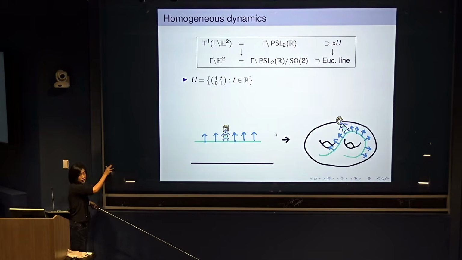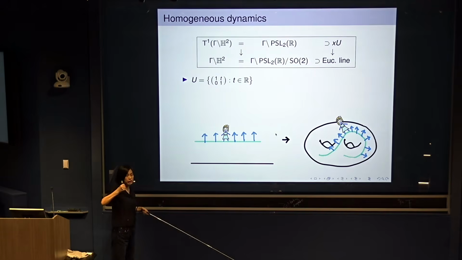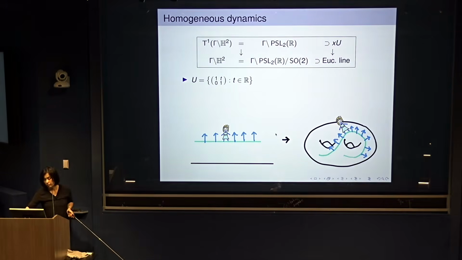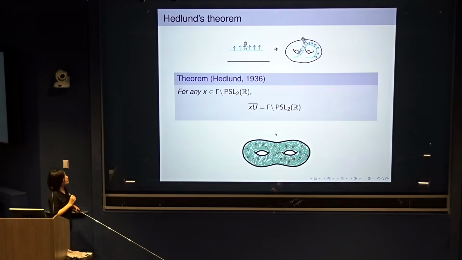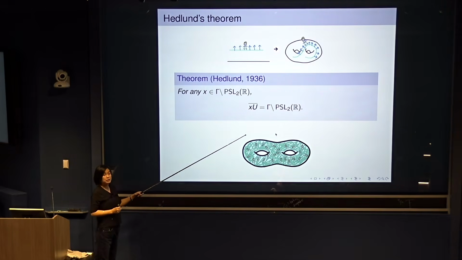So you can imagine she was traveling along the Euclidean line, but now she's holding an arrow in her hand, and she's traveling with the arrow. And now the Hedlund theorem says that even upstairs, every U orbit becomes dense.